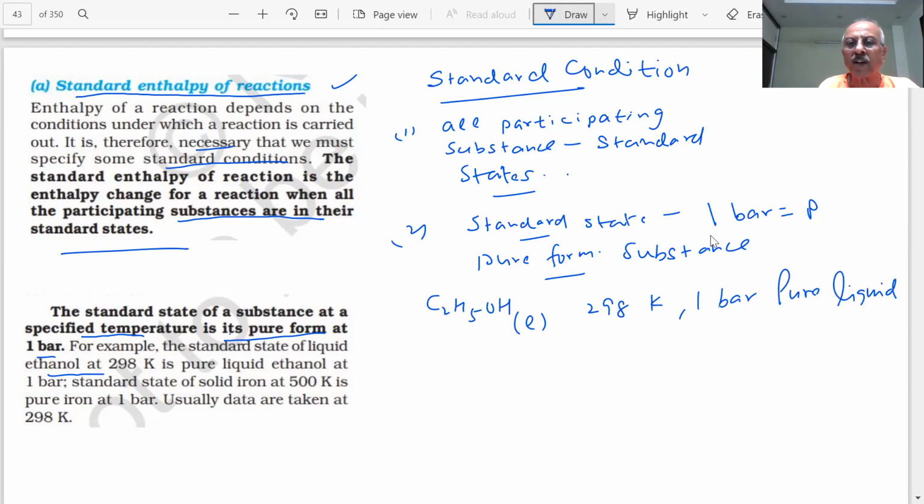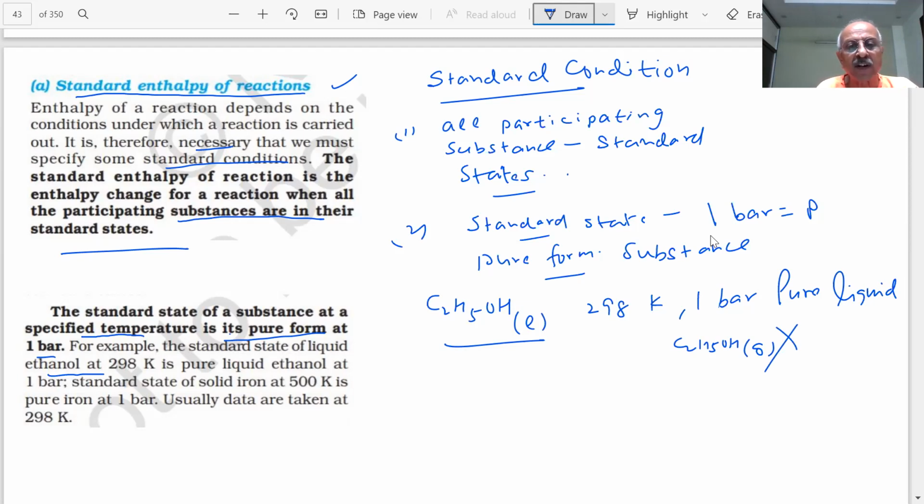So the standard state for this is C2H5OH liquid. It is not gas. I'm not putting gas here. If you say C2H5OH gas, then it is not the standard state of ethanol at 298 Kelvin and 1 bar. If I write solid, then also it is not the standard state. The standard state is liquid.